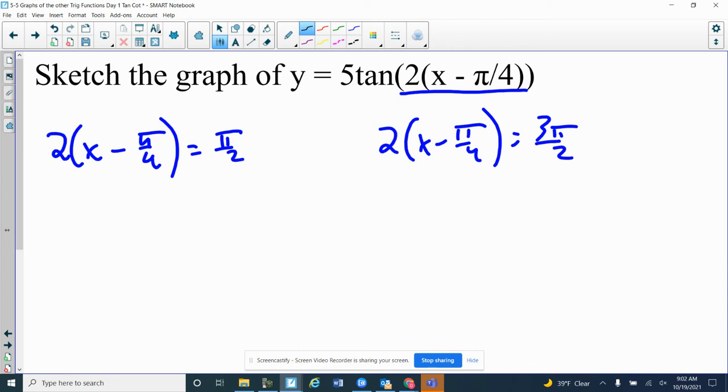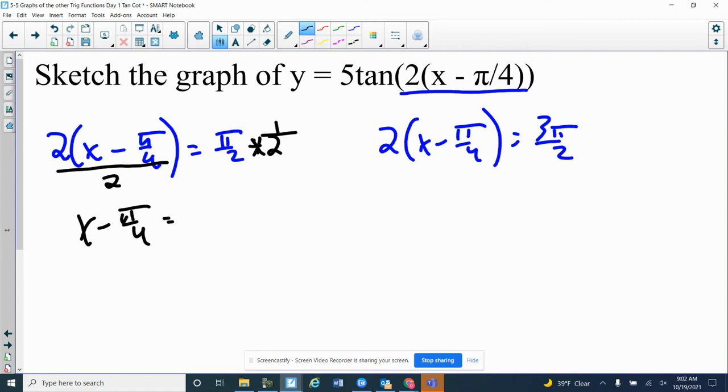Now you might look at that and say, well, let's distribute that 2. I would actually look at that and say, let's divide by 2. So that gives us x minus pi over 4 on the left-hand side. And don't forget, when fractions are involved and you're dividing, you're actually multiplying by the reciprocal.